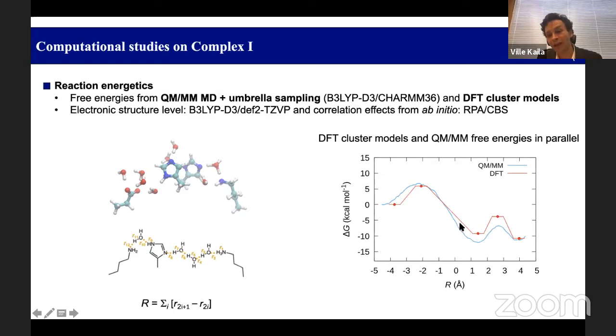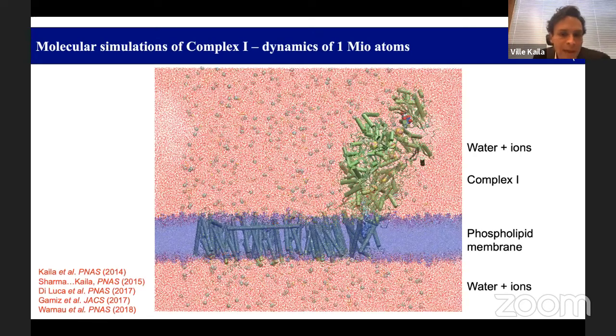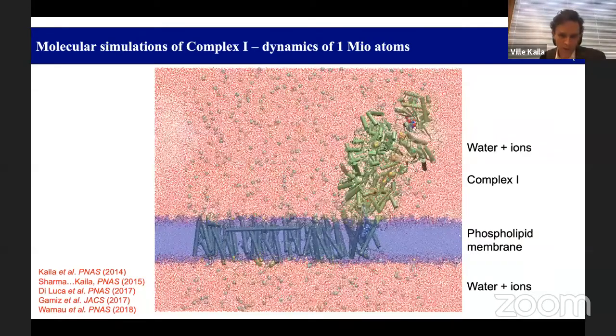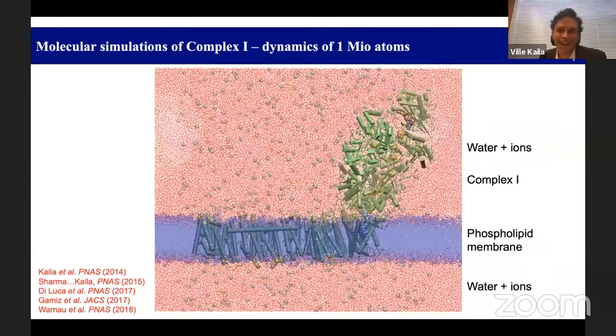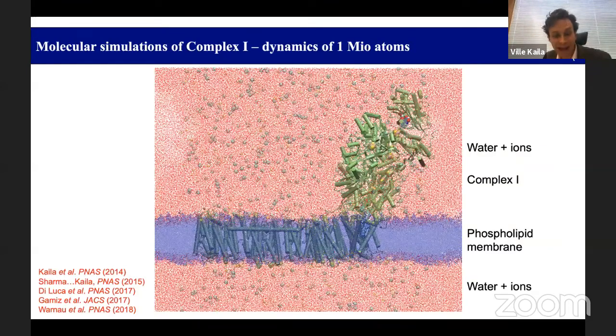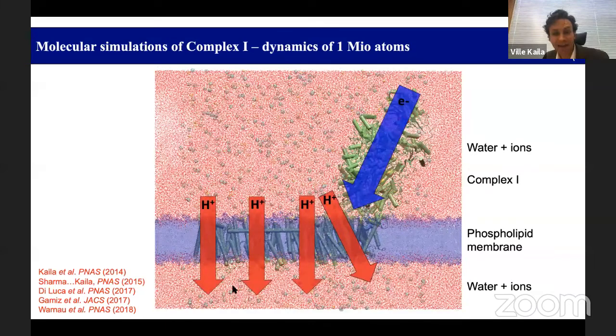Very often, for a free energy barrier calculated with QM/MM or with DFT, you get not identical, but at least qualitatively similar pictures, which is, after all, what you're after to get the mechanistic understanding. So what we then try to do is to model the catalytic cycle of the system by running dynamic simulations, injecting electrons into the system, and seeing how it responds.